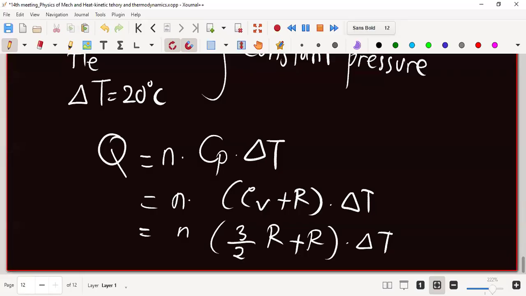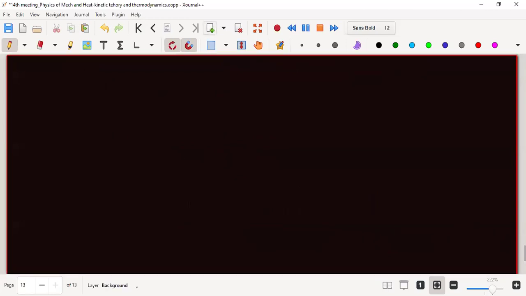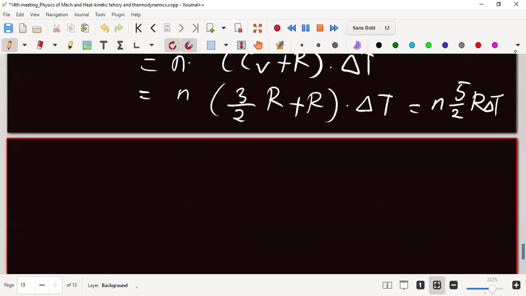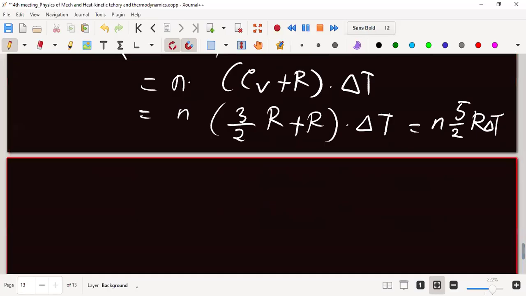So this one is equal to n (5/2) R delta T. We can input the numbers. Heat is n times 5 per 2, because the moles of helium gas is 5 moles.